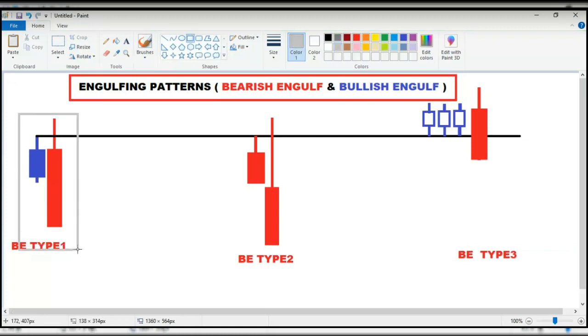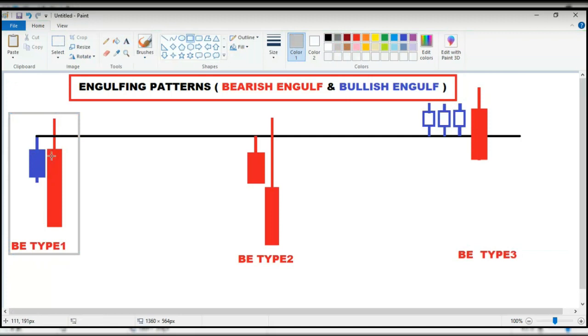which is this one. First we'll discuss how it looks. On the bearish engulfing type 1, we normally get this around our drop base drop or our rally base drop, right at the top on the base, around the base.